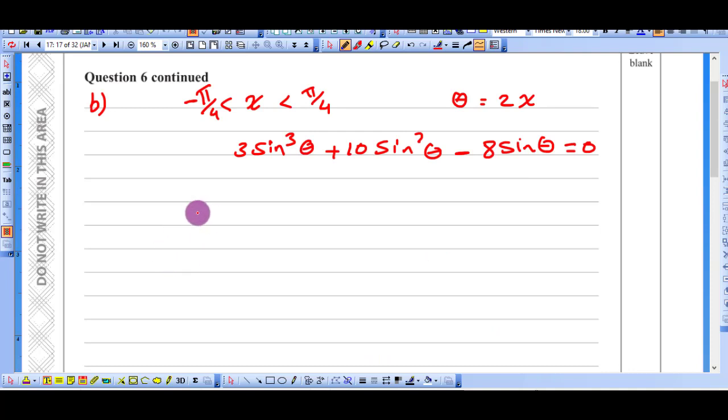So we will have x bigger than minus pi over 4 and less than pi over 4, and theta I replace with 2x, so we will have 3 sine cube 2x plus 10 sine squared 2x minus 8 sine 2x is equal to 0.